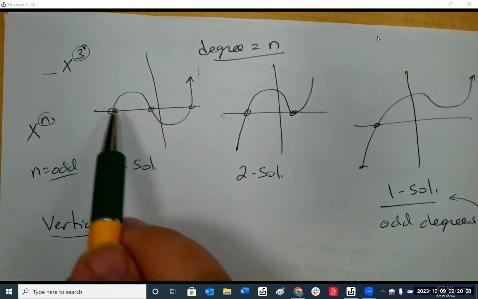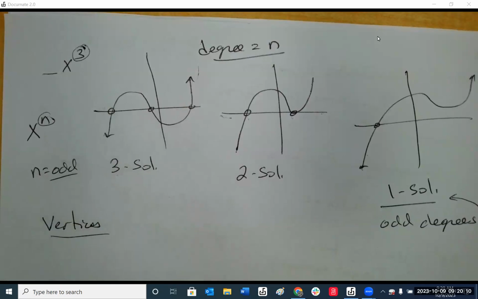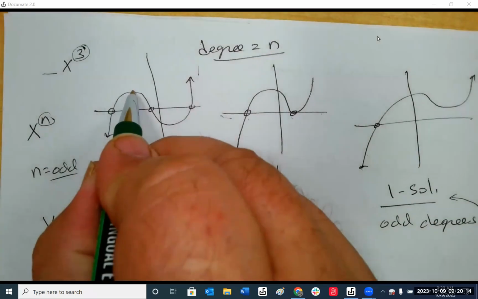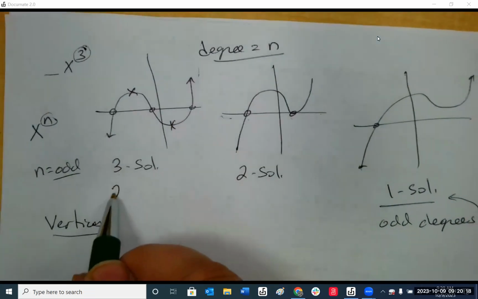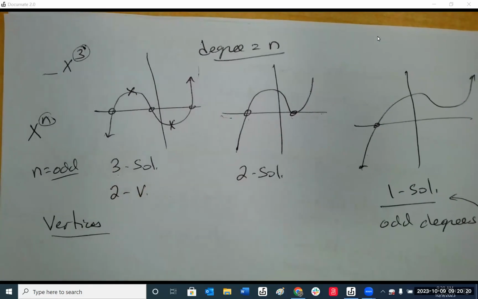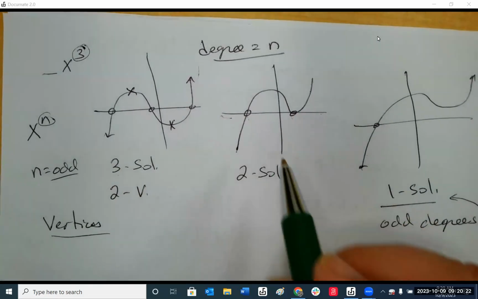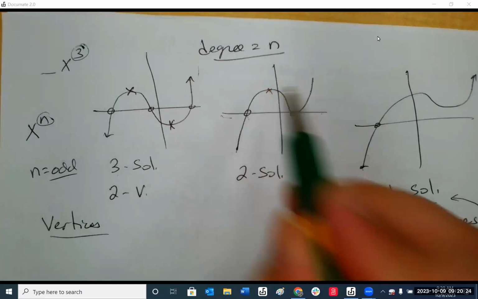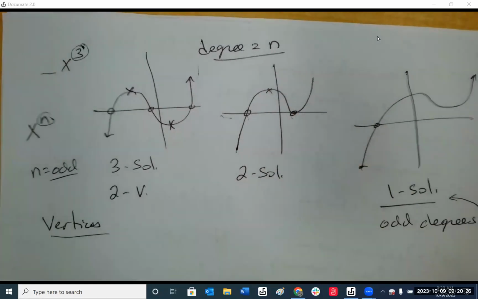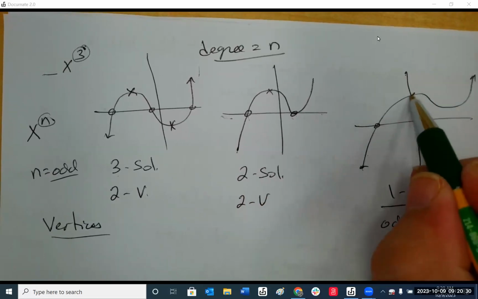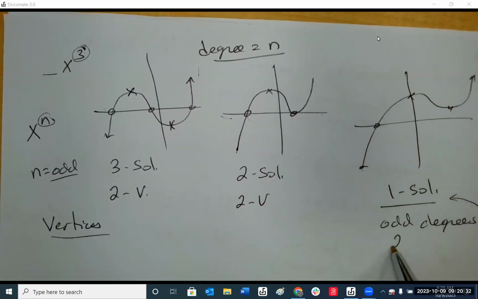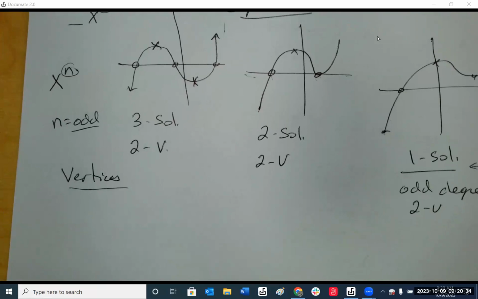If you have 3 solutions, how many vertices do you have? 1, 2. 2 vertices. If you have 2 solutions, we have 2 vertices here.